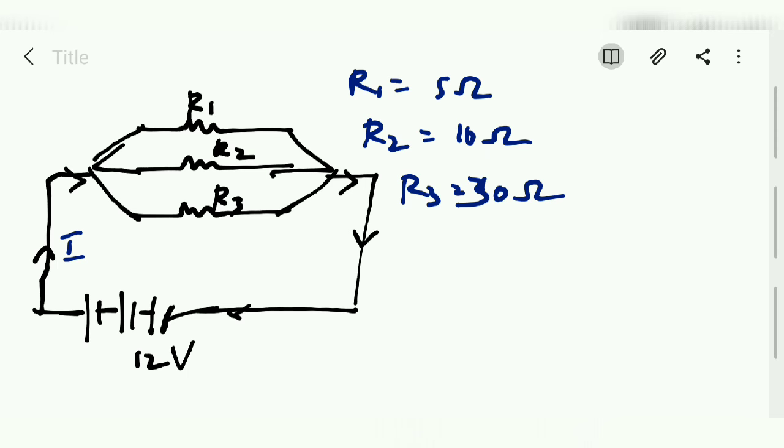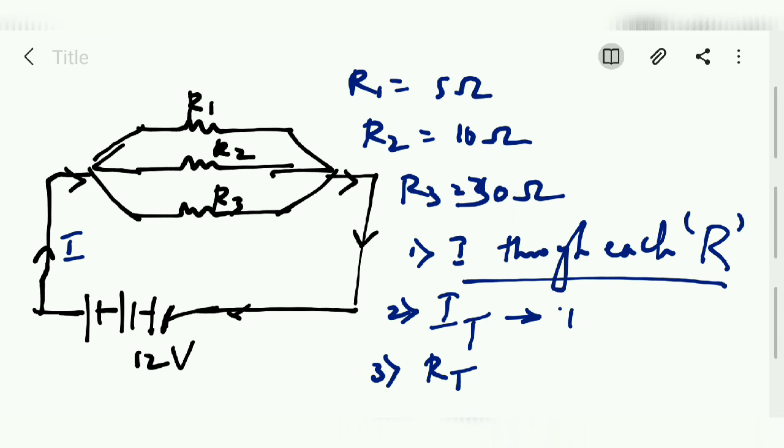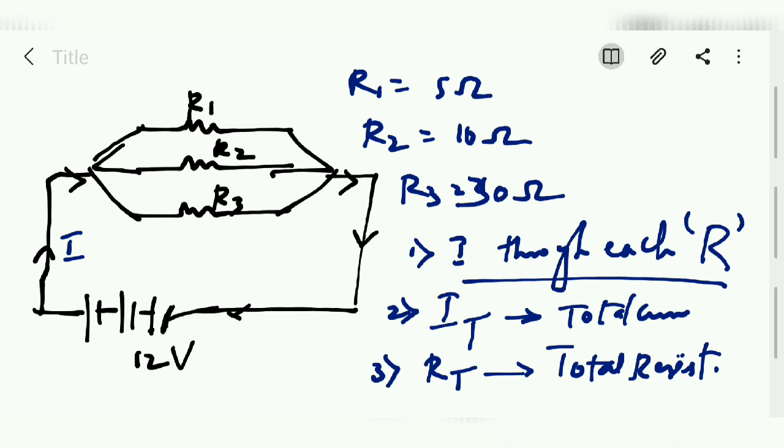What you need to find out is, first, the current through each resistor, then the total current, and third, the total resistance in the circuit. So this is what you need to find out.